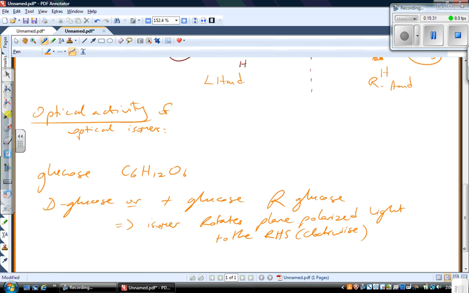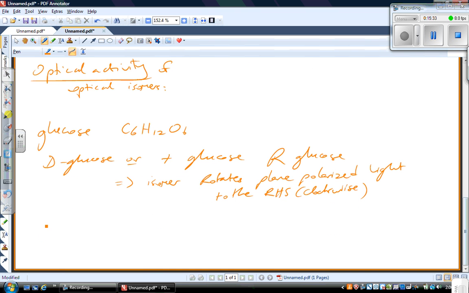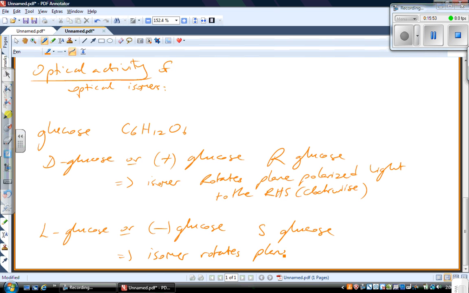And then the opposite of the D isomer is the L glucose, also referred to as negative glucose, also referred to as S glucose. And this isomer rotates plane polarized light to the left-hand side, or anti-clockwise.